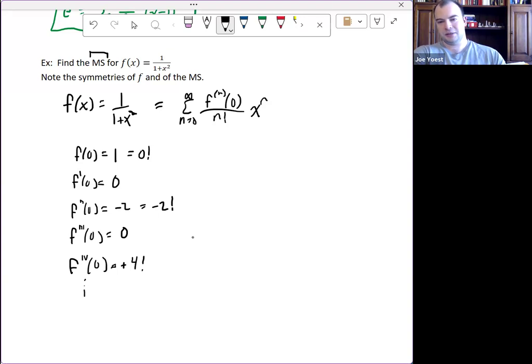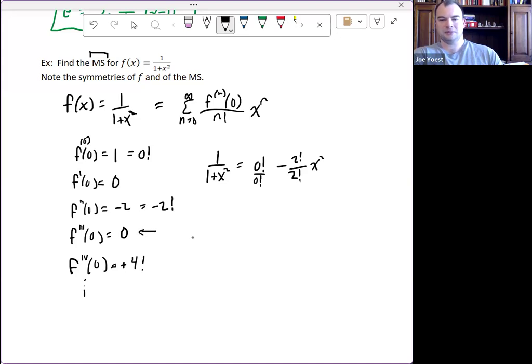So what we end up with is 1 over 1 plus x squared is, well, f of 0, the 0th derivative. That is our constant, 0 factorial. Our linear term has a coefficient of 0, so it goes away. Our quadratic term has minus 2 factorial, which is f double prime of 0 over 2 factorial. I suppose we could write this as over 0 factorial if we really wanted to be pedantic. Times x squared.